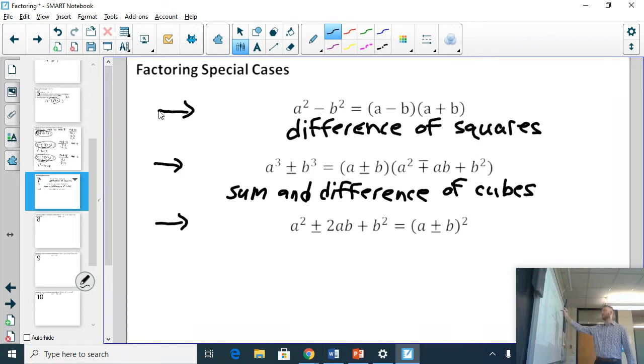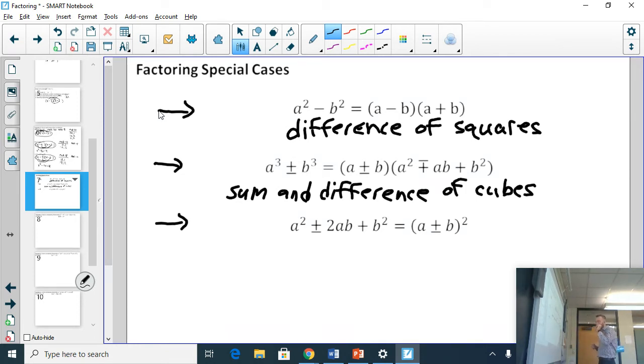And difference of squares, difference meaning minus and then squares, a squared, b squared. Here's sum and difference because we have plus or minus, and then of cubes, a cubed and b cubed. And we'll talk about what that plus and minus mean and how it's the same on that a plus b, but then it switches on that a squared plus or minus or plus ab. We'll talk about that.